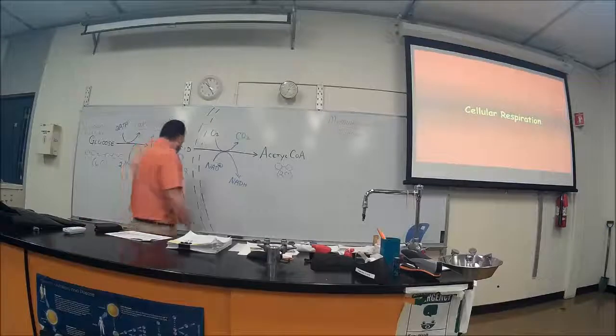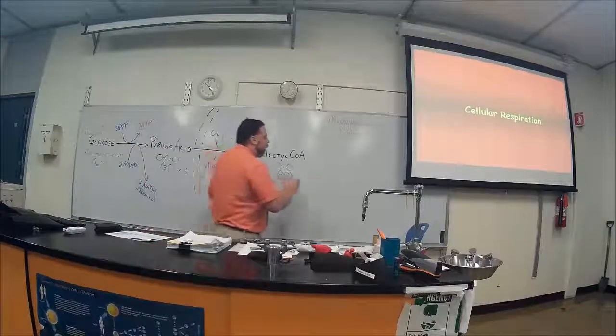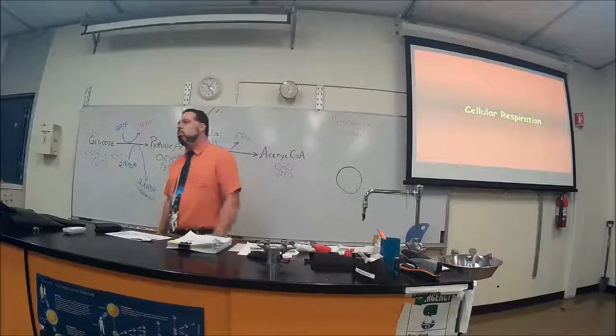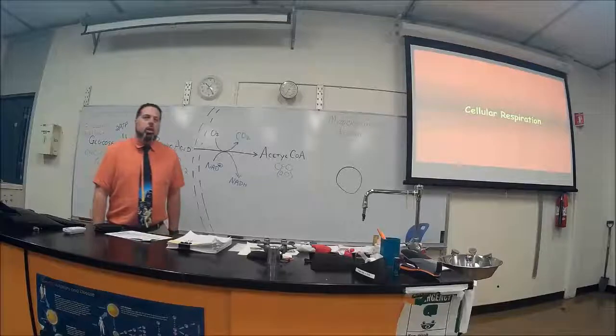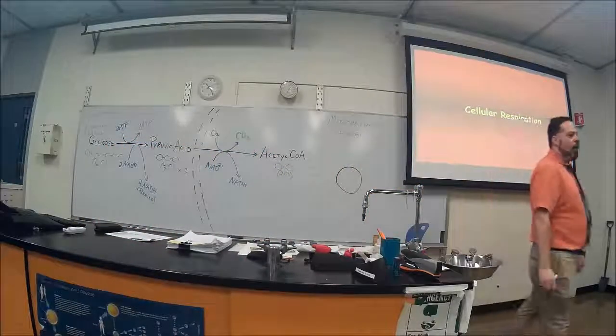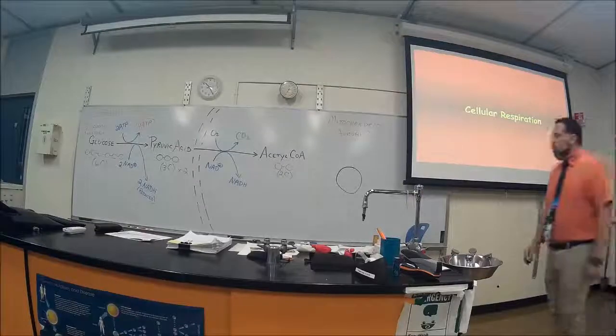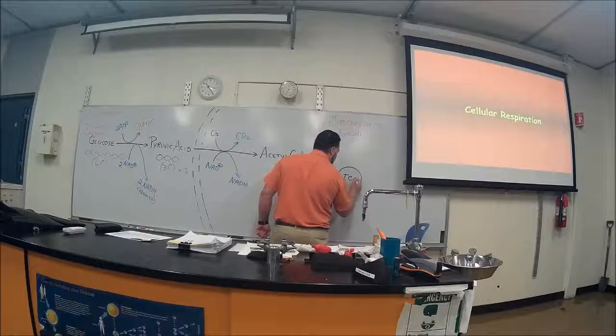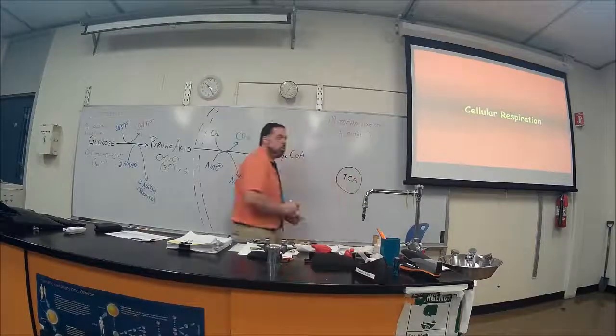Now we have this Ferris wheel that happens in here. It has a few names. It's called the Krebs cycle or the citric acid cycle, and I like to just refer to it as the TCA cycle.